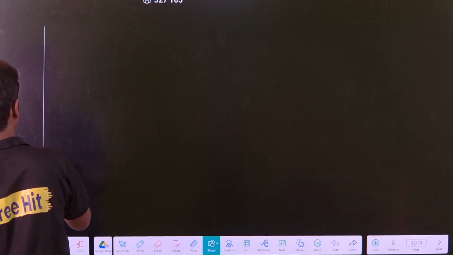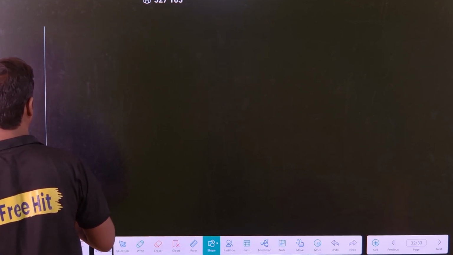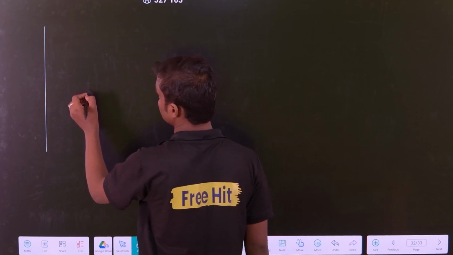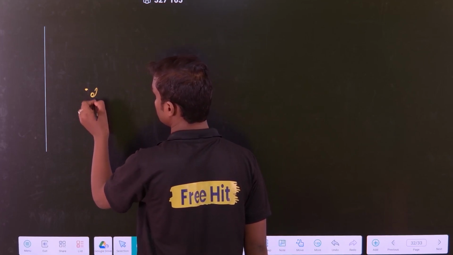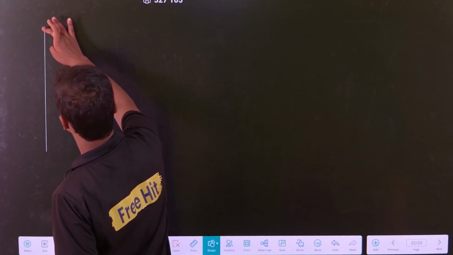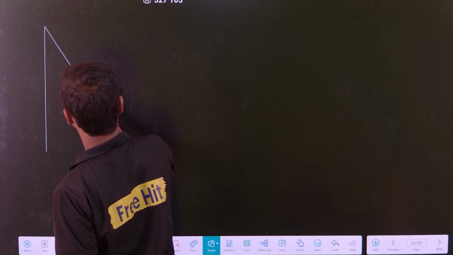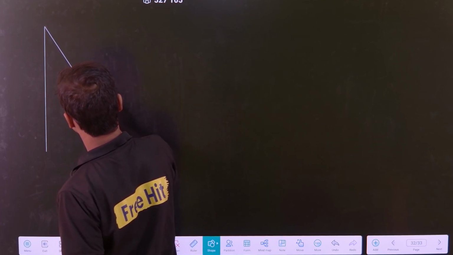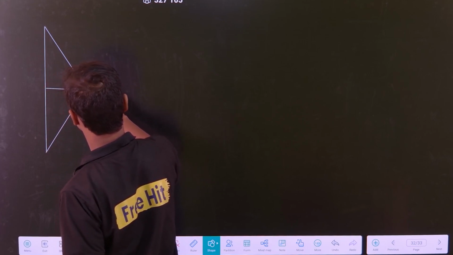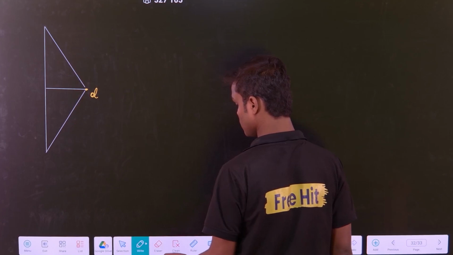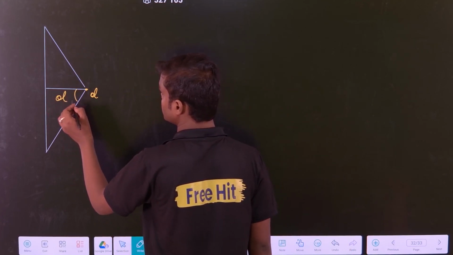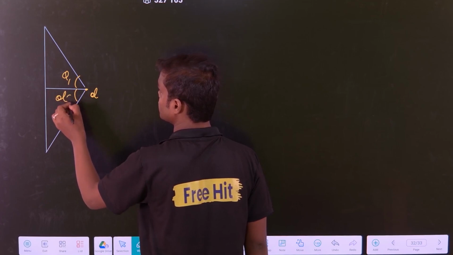Suppose I have a finite length wire, and suppose this point is D, and I'm saying suppose this distance is D and suppose this angle is theta 1 and this angle is theta 2.